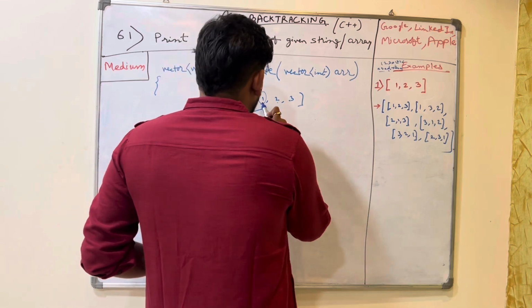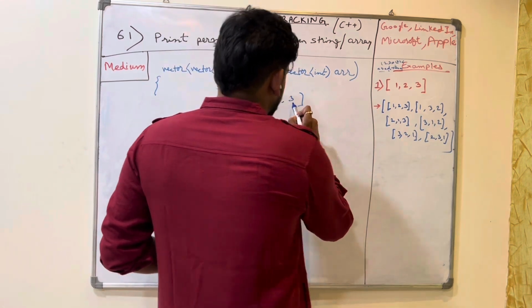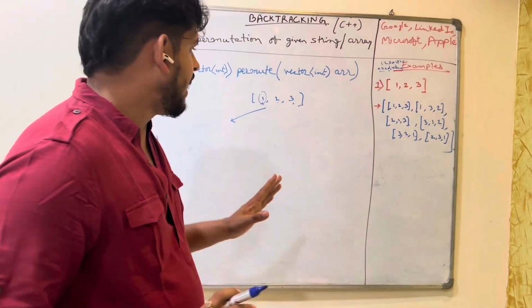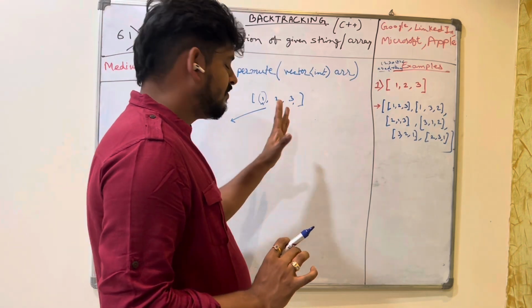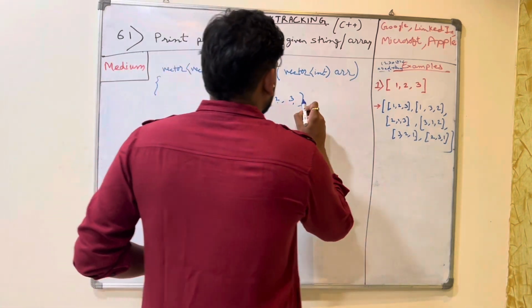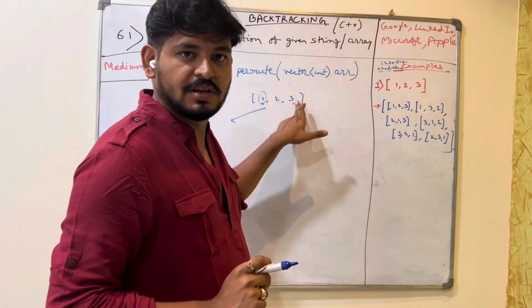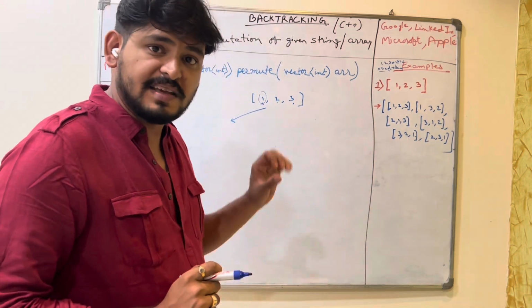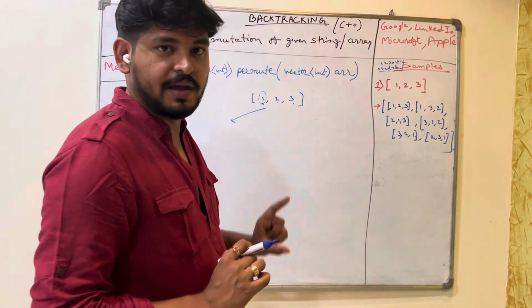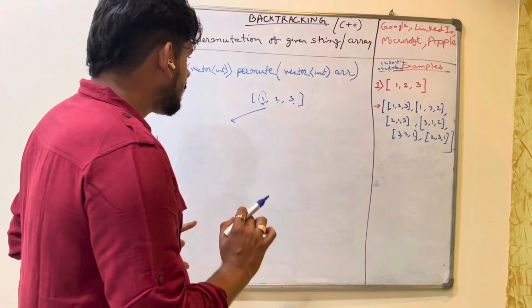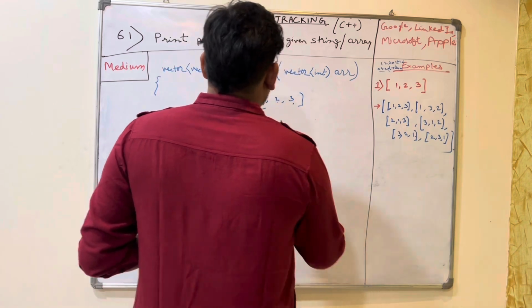While swapping, when we come to the last element, we don't have any other things to swap or change its position. This is the first position, this is the last position. That is our base case, the end part, if we are starting from here.